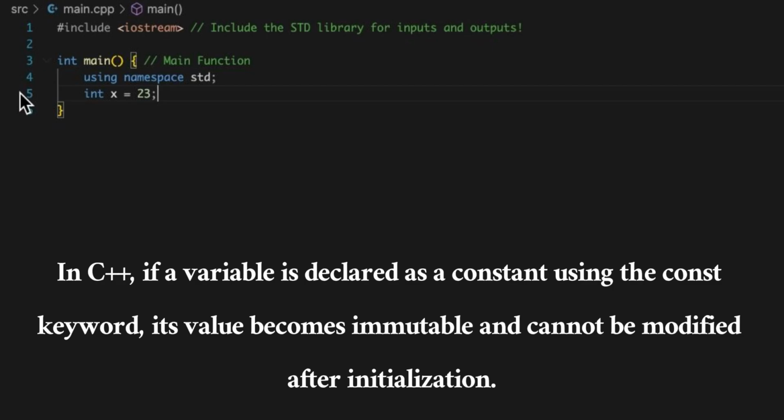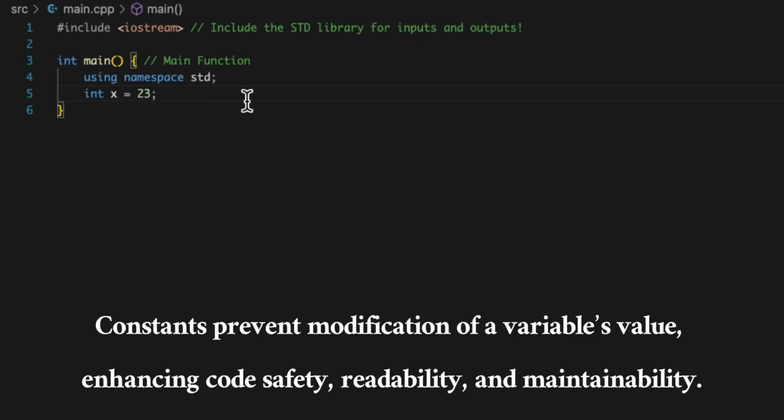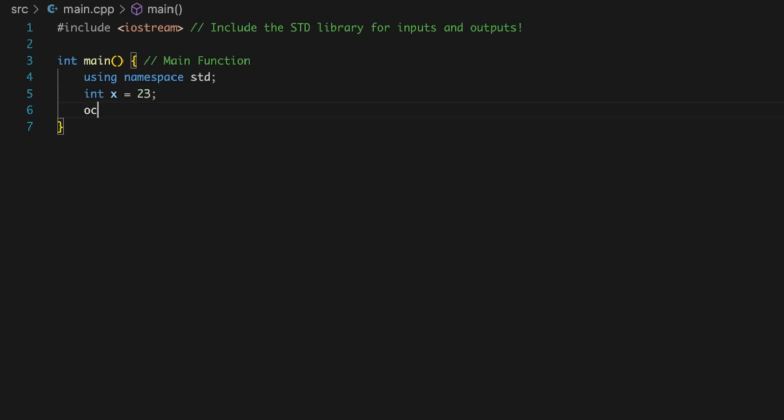In C++, if a variable is declared as a constant using the const keyword, its value becomes immutable and cannot be modified after initialization. Constants prevent modification of a variable's value, enhancing code safety, readability, and maintainability.